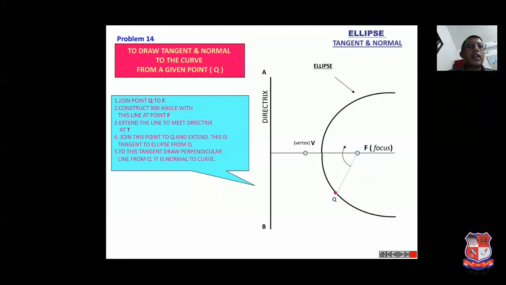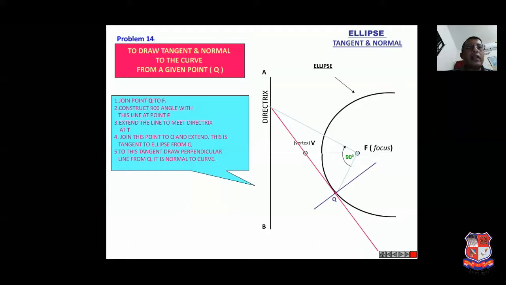Now construct a 90-degree angle with this line at point F. Extend the line to meet the directrix at one point, which is T. Now join this point to Q and extend. This is the tangent to the ellipse from Q.